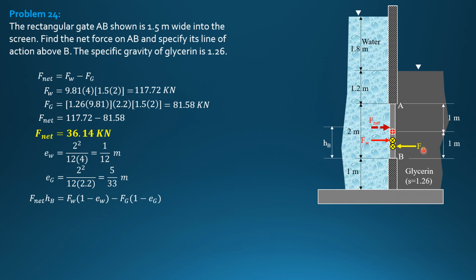The distance of F glycerin from the bottom is 1 meter minus e glycerin. So substituting, 36.14 HB equals 117.72 times (1 minus 1 over 12) minus 81.58 times (1 minus 5 over 33). So using your calculator there, HB is 1.071 meter.